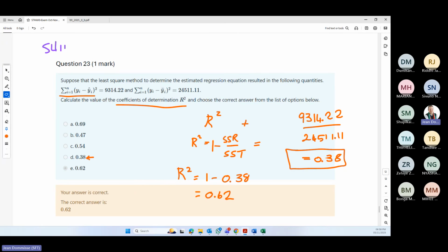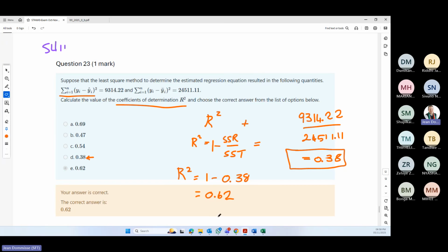Even if you take a photo of it and share it on the WhatsApp group, it will be great that we get that formula so that everyone has it. And then you can write it down in your notes.